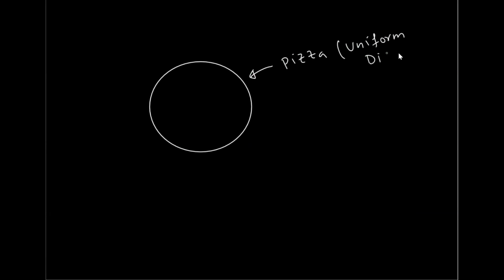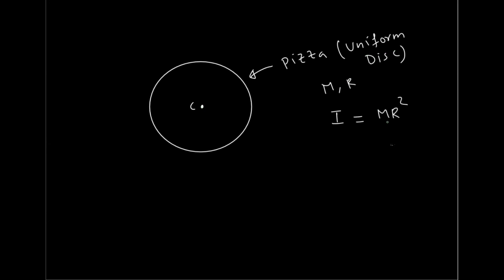Nowadays, I think they are only uniform disk, not much of topping. So there's only some layer of cheese. So if mass is m, radius is r, if I rotate about an axis passing through its center perpendicular to it, the moment of inertia is mr square by 2, right?